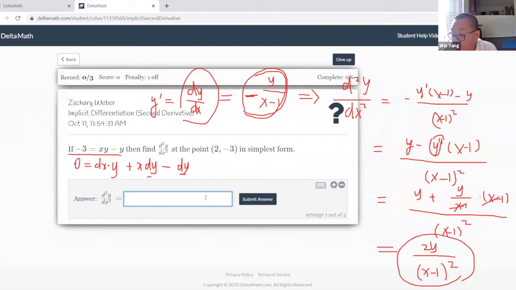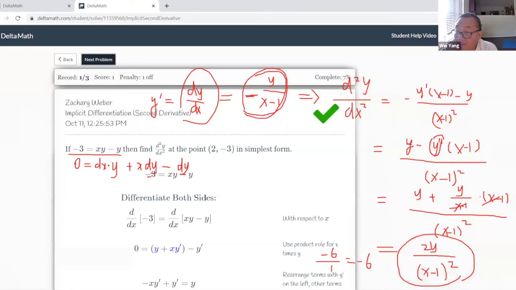When x equals 2, x minus 1 is 1. Then y equals negative 3. This is negative 6 over 1, so this equals negative 6. So I think the answer equals negative 6. Is that correct? Okay, yeah, that's right. Very good.